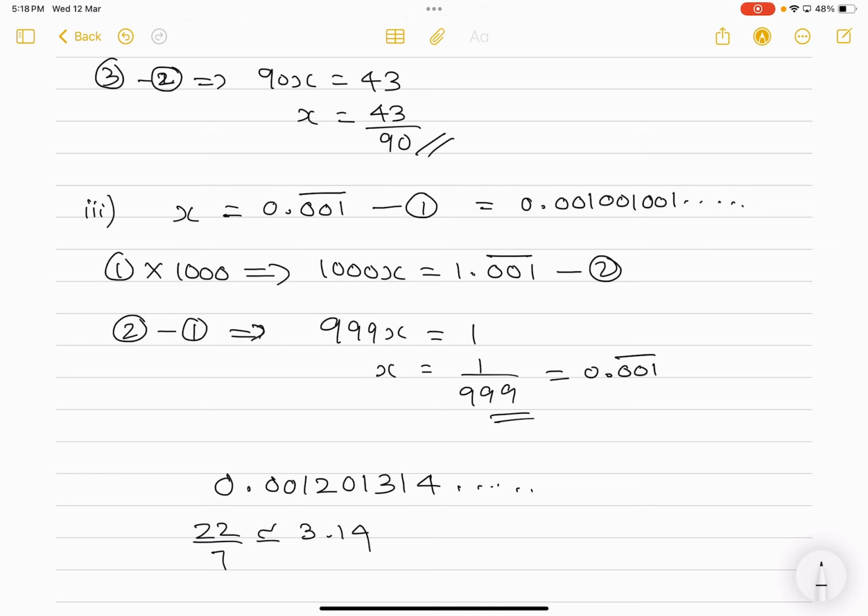We are stopping with 2 decimals, but it will go more than that. Infinite numbers are there after that. That's why it is irrational. Even in 10 decimals, in 20 decimals, if it is terminating, that is rational. Non-terminating means infinite decimals are there after that. That is called irrational. So the best example is pi. That's it. We'll do the rest in the next class.